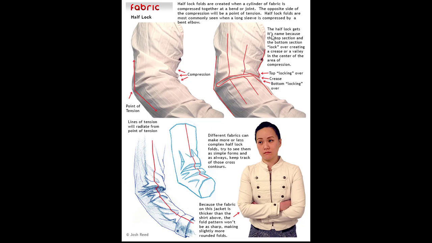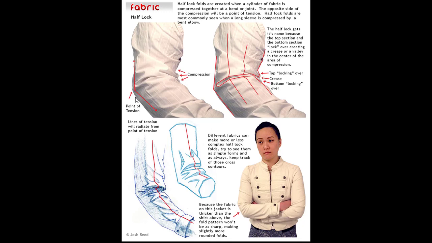The half lock gets its name because the top section and the bottom section lock over, creating a crease over a valley in the center of the area of compression. So there is a valley at the center, and the top folds and the bottom folds lock on top of that, basically overlapping the valley there.